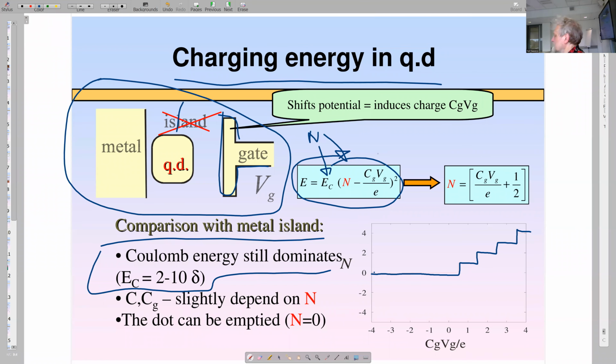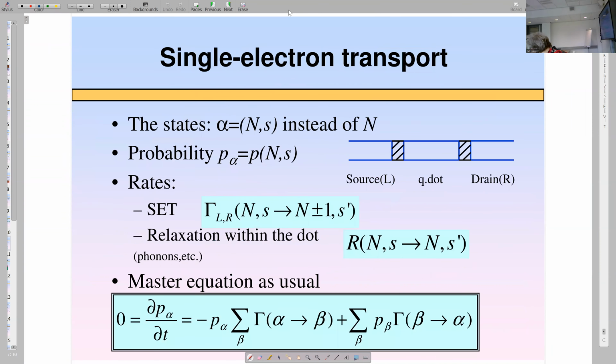Coulomb blockade, still the most important interaction. So let us see what we have for transport. Let me first outline the general situation before going to concrete examples.